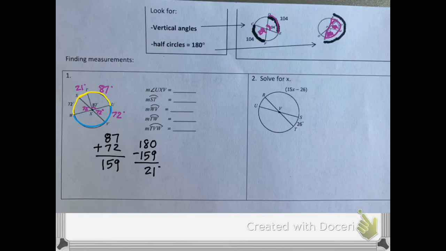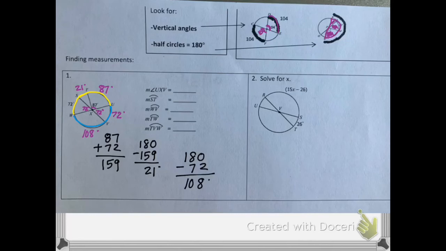So if I already know one of the arcs is 72, then I could find the other arc by taking 180 and subtracting 72 from that, and that would give me 108 degrees. Let me fill this out then. 108. All right. So now that we have all of our arcs in this picture, let's go ahead and start filling in our information.